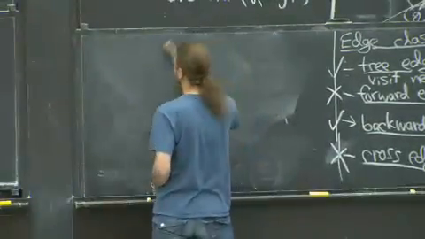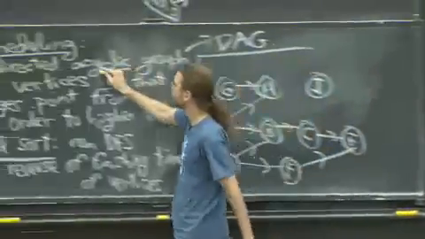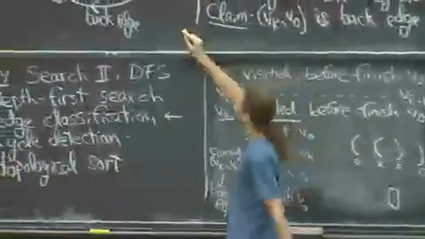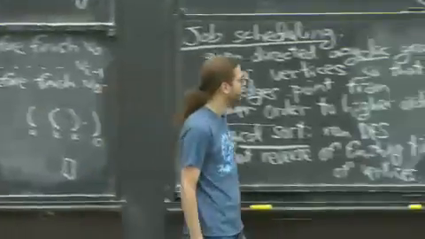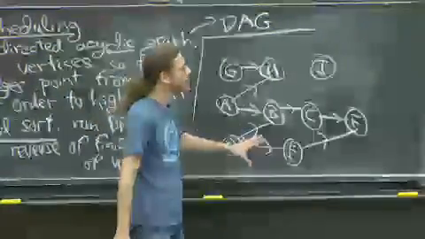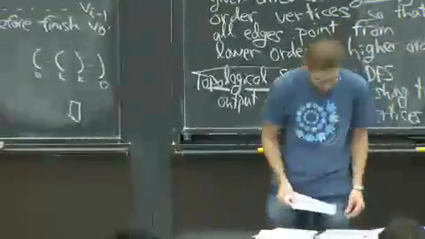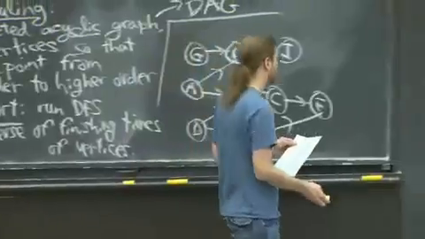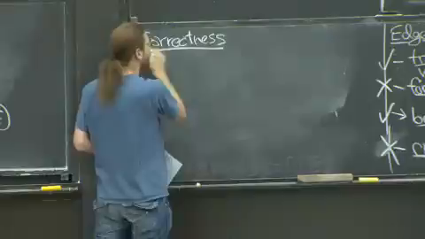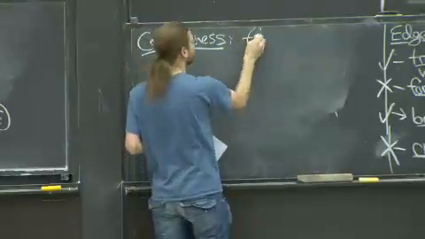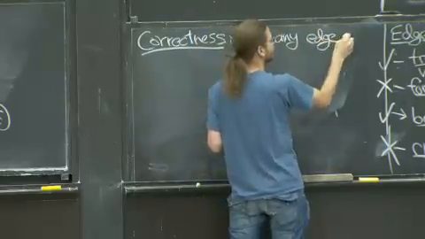We've actually done pretty much the hard work, which is to say we're assuming our graph has no cycles. So that tells us by this cycle detection that there are no back edges. Back edges are kind of the annoying part. Now they don't exist here. So all the edges are tree edges, forward edges, and cross edges. We use that to prove the theorem. So we want to prove that all the edges point from an earlier number to a later number.